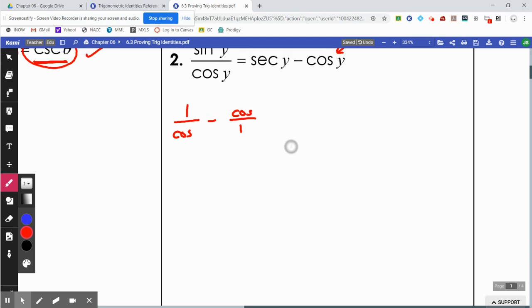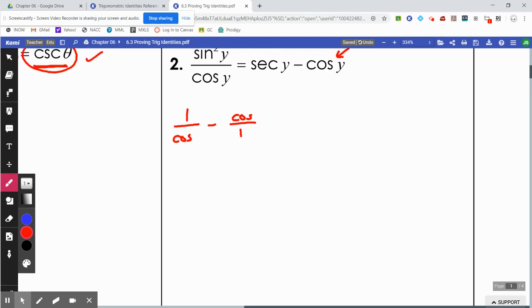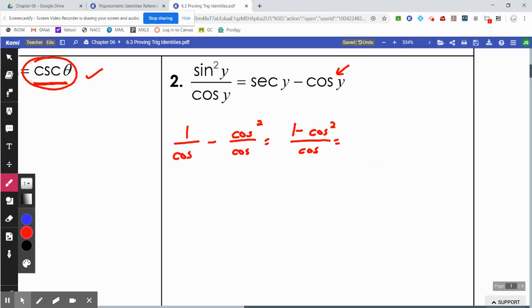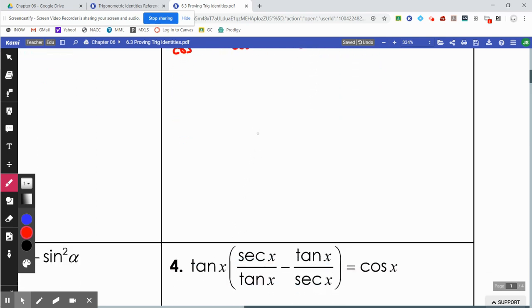Common denominator here, let's see, I can multiply top and bottom over here by cosine. So I'm going to have cosine squared over cosine. So that would be 1 minus cosine squared over cosine. And then on top, I'm done because I know 1 minus cosine squared is actually sine squared by the Pythagorean identity. So I now have sine squared over cosine, which is what I was looking for.